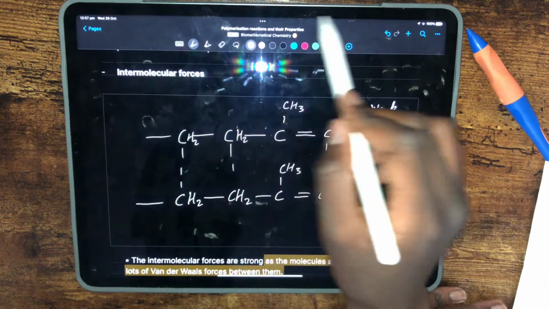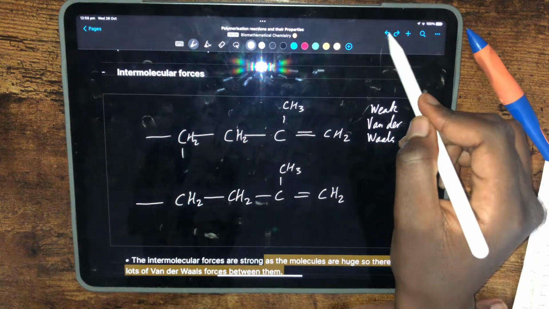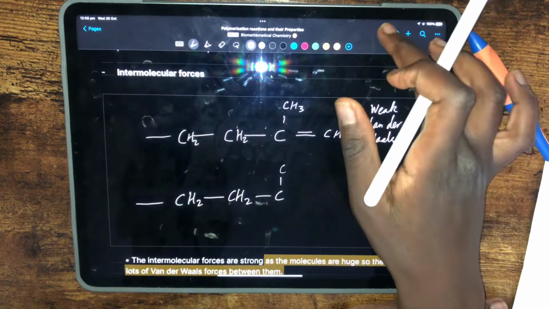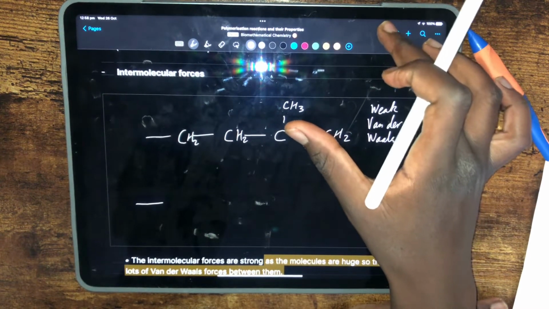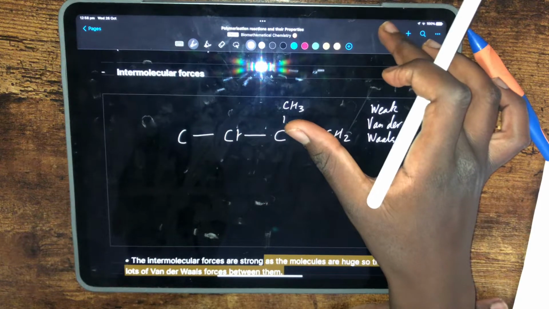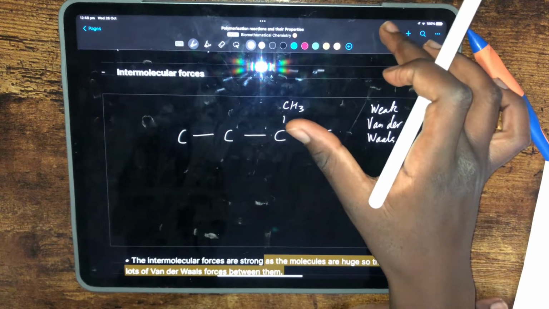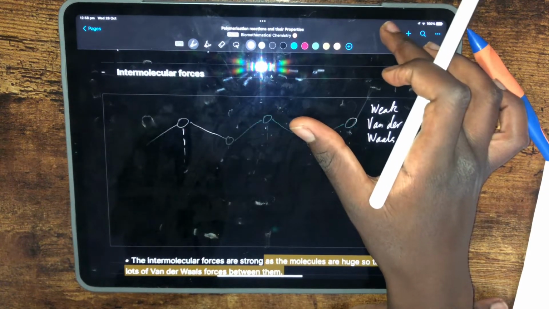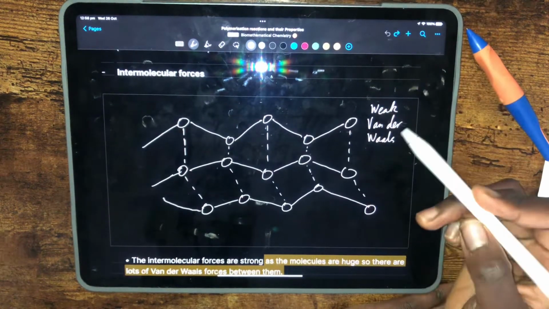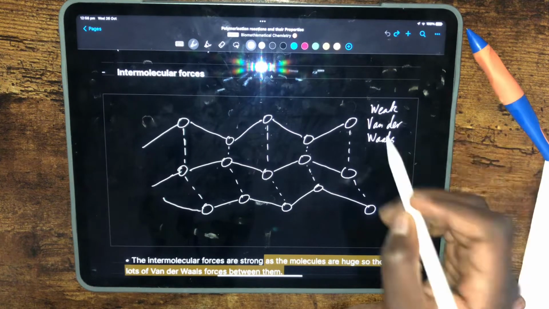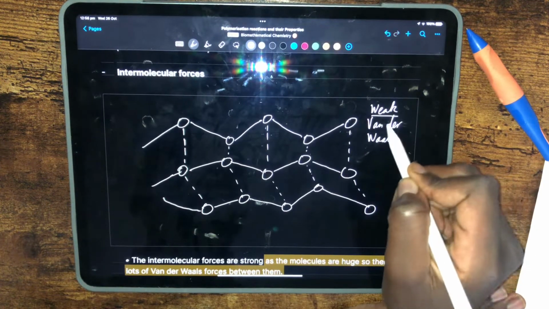To bring back a point that I had before, when I had the previous structure, one thing I want to stress is that this is a weak van der Waals intermolecular force.